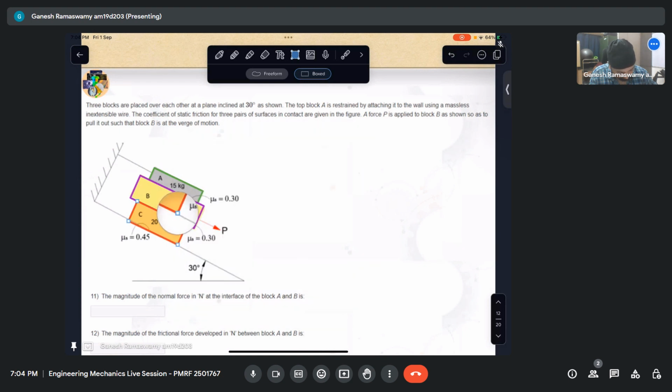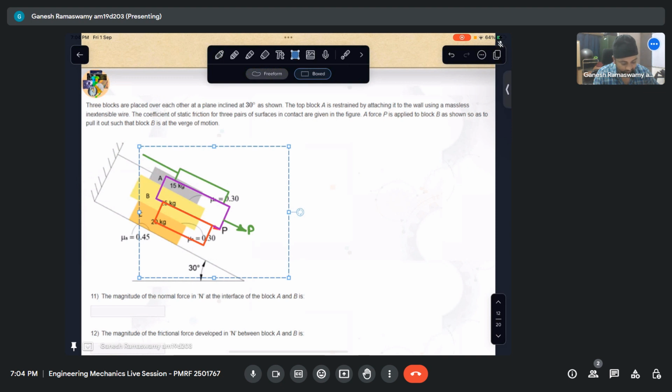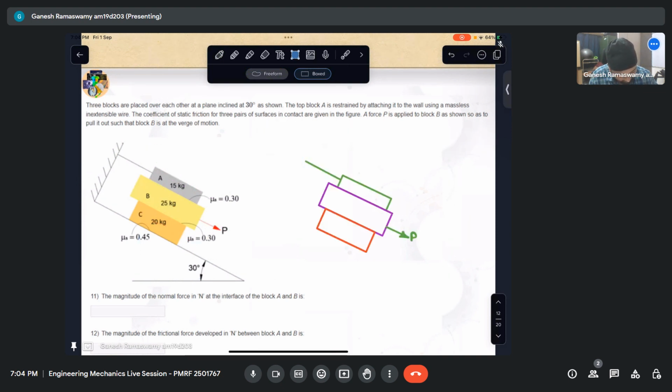And then I have a string like that, and then I have a force applied like that. For the combined unit, when I isolate it from the joint, naturally I have a tension here. So this is the entire unit I have taken, with this as 15 kg.